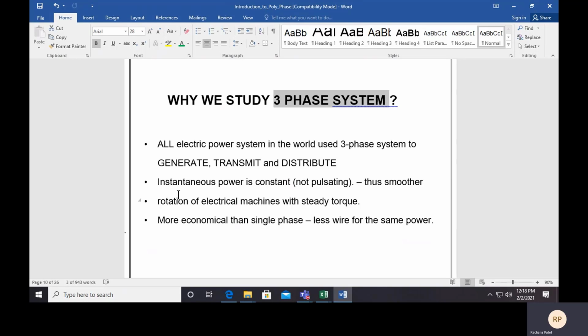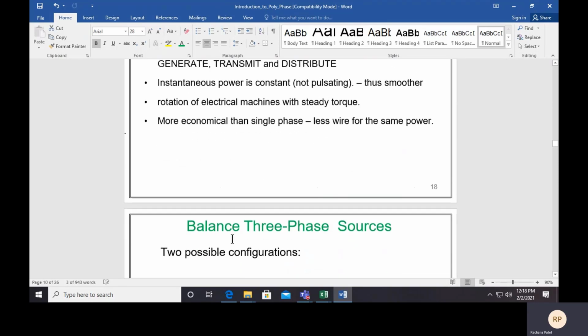Another thing: for the rotation of any electrical machine, we require constant instantaneous power rather than the pulsating power available in single phase. So for that purpose also we need to use the three-phase system. And obviously power generation, transmission and distribution with the three-phase system is economical compared to three different single-phase systems.